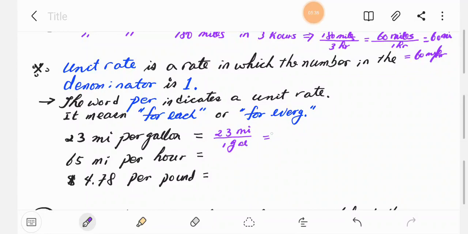Per means over 1, right? Or you can write it with a slash as 23 miles per gallon. So this is the unit rate.